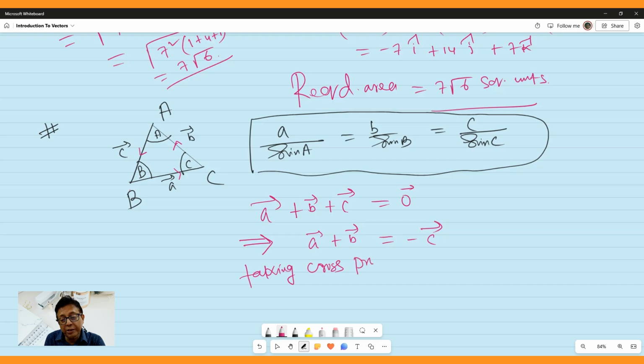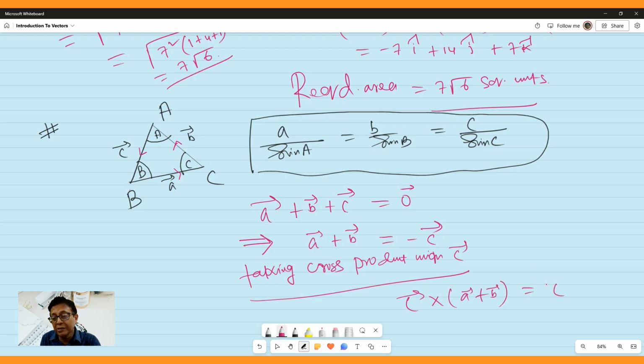Taking cross product with C. C cross A plus B will be what?